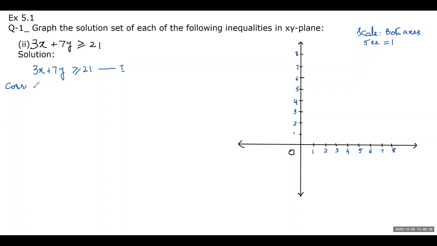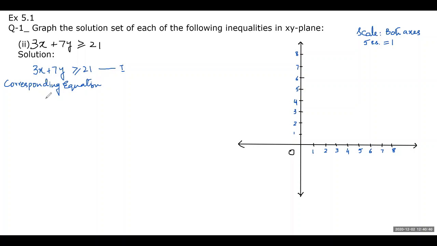Corresponding equation for this inequality.